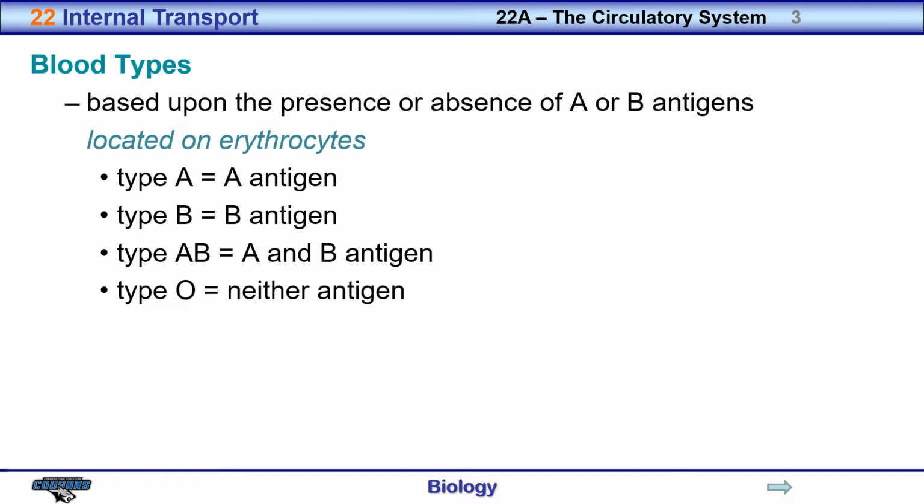Then there's also a fourth blood type, and in this blood type, they have neither antigen. They don't have an A and they don't have a B. So blood type A has an A antigen, blood type B has a B antigen, blood type AB has both A and B antigens, and blood type O has neither of those antigens.